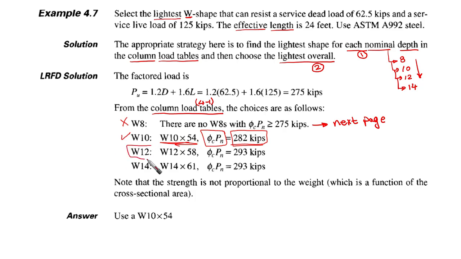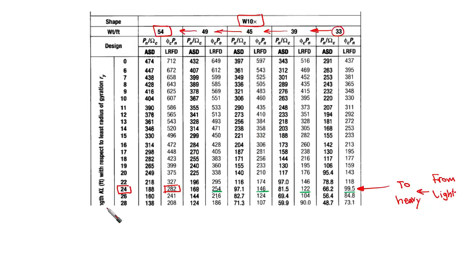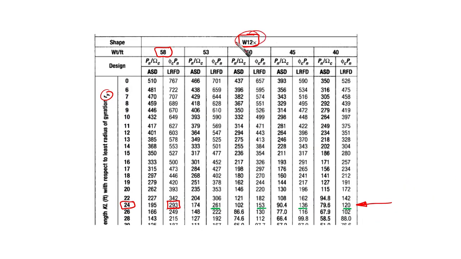Let's go to W12. For W12, for 24 here, let's go from right to left as we have said. It is 120 here, 136, 153, and so on and so forth, until we reach 261. Still we have 275. This is our limit.